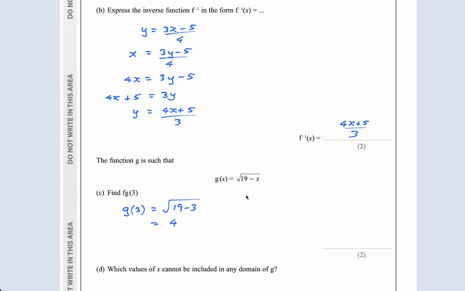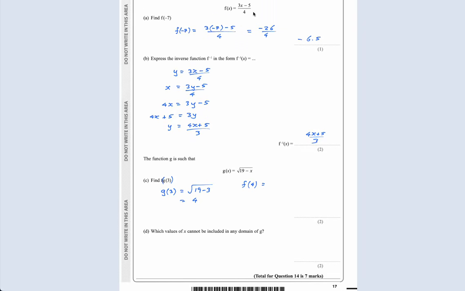I now need to get f of 4, because I'm getting f of g of 3. So f of this, and this is 4. So let me just get f again. So it's 3x minus 5 over 4. So it's 3 times 4, because I'm getting f of 4, so I'm bringing 4 into this x.